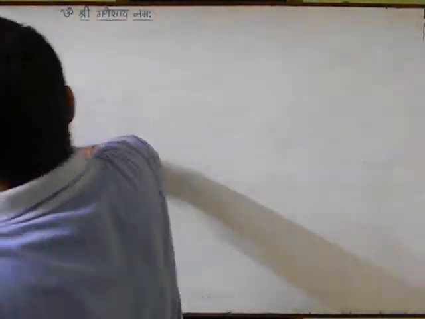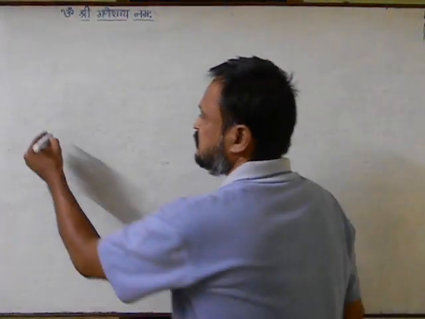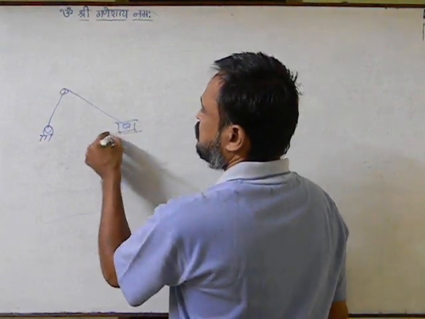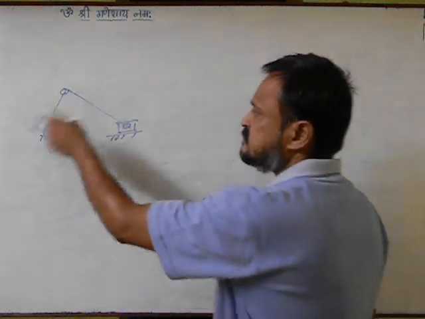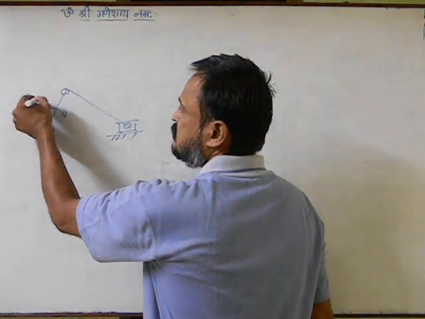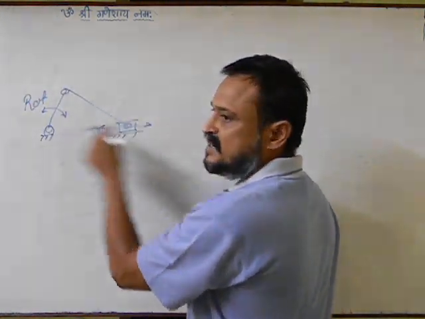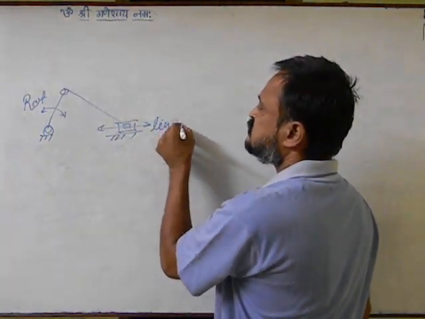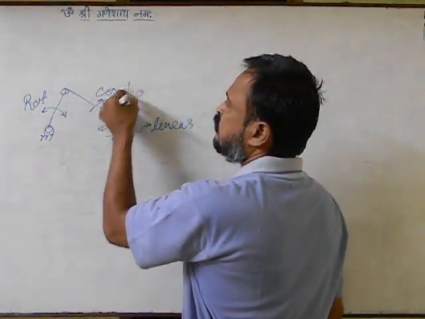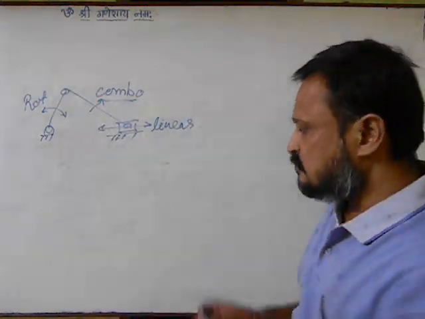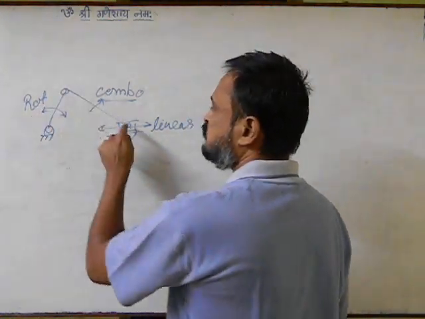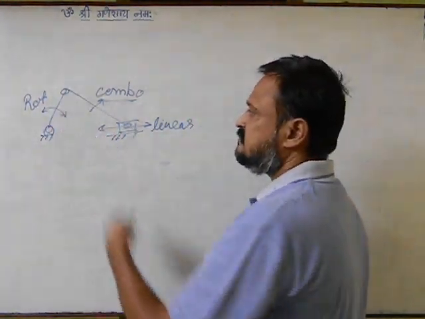Now, if we take the example of slider crank mechanism, we have seen that the crank will have a pure rotational motion. The slider is having pure linear motion, and the connecting rod is having a combination of motion. So what we are doing in velocity analysis is we are trying to determine velocities of all the joints, and then we can correlate.